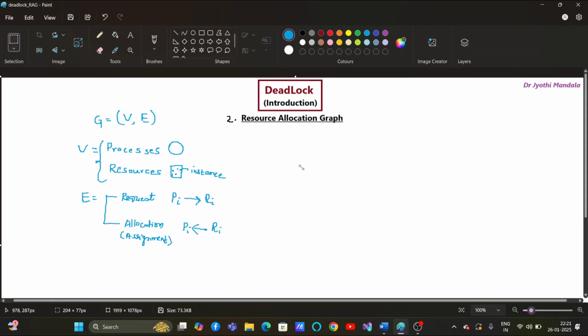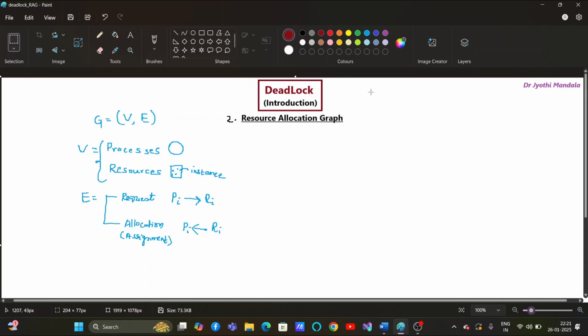The first case is after drawing the resource allocation graph, where you will have vertices and edges, and you will be connecting as per their request and as per their allocation. You will have some graph. Now by seeing that graph, let us see the first case.